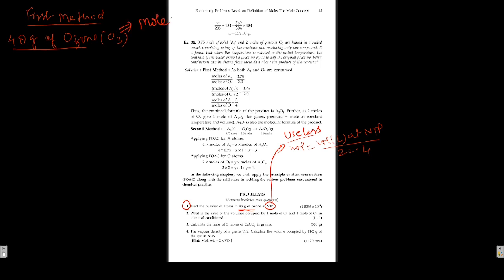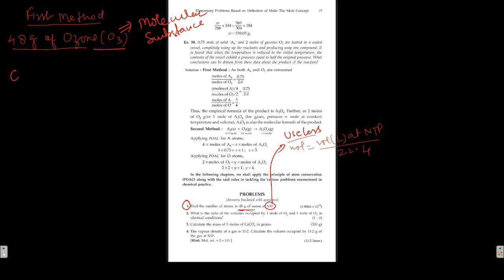Since this is a molecular substance, firstly we will calculate the number of molecules, and then we will convert that number of molecules into atoms.